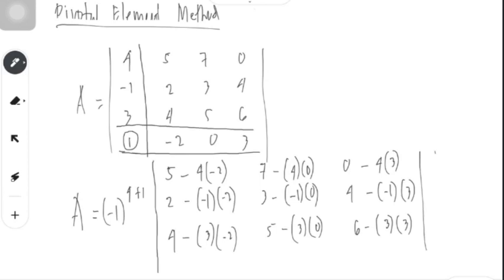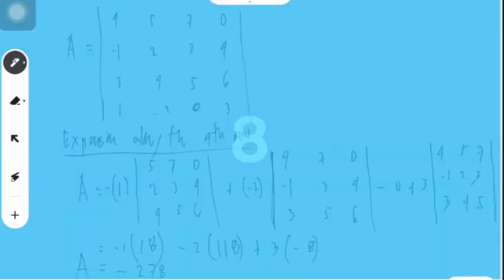Pagka pinoject natin horizontally to the left, containing the pivotal element, the column of the pivotal element, it will intersect at 4. If we're going to project the position of that element vertically downward, it will intersect negative 2. So, subtract the product of the two intersections. As simple as that. Pakipicturean.